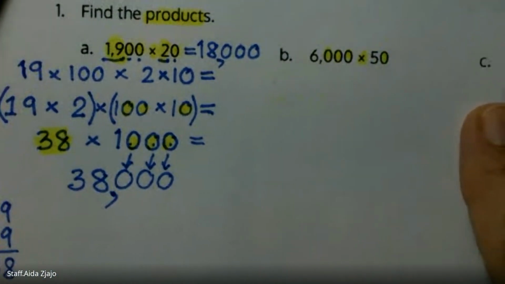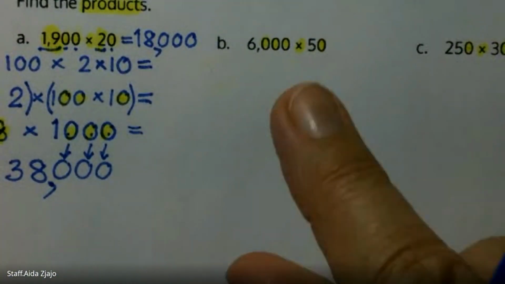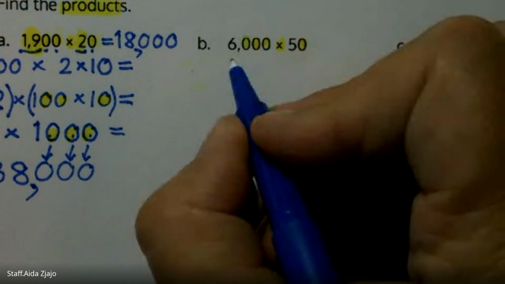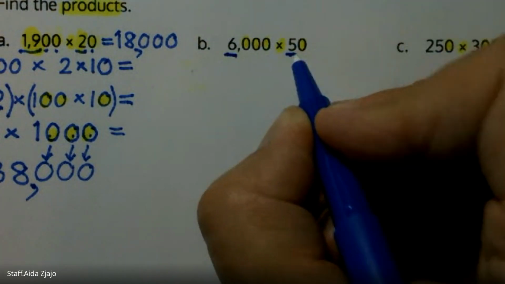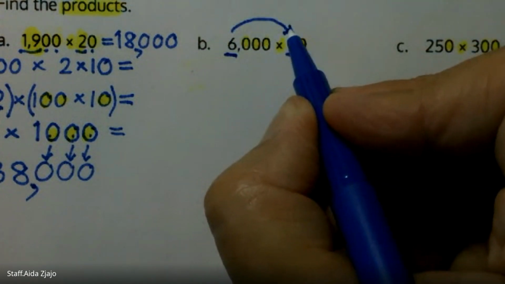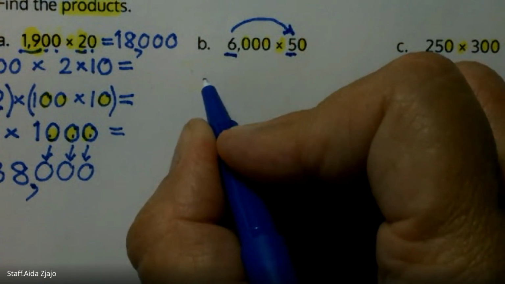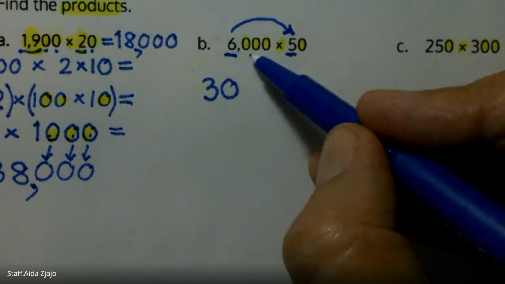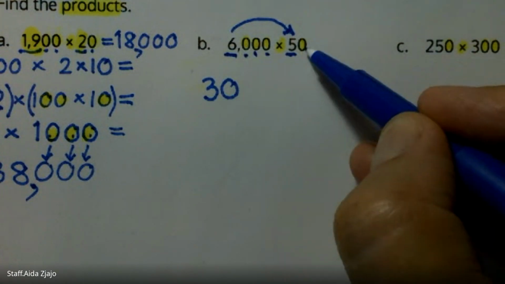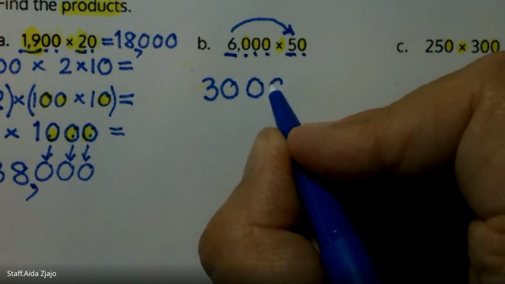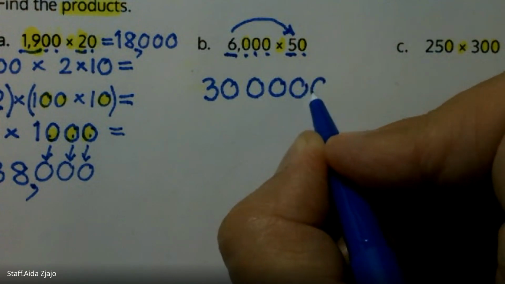Okay, so right now let's see how we can do the short version of that. Here we have the 6 and 5, the whole digits. So 6 fives, 6 times 5 is 30. And then I just need to add 1, 2, 3, 4 zeros.